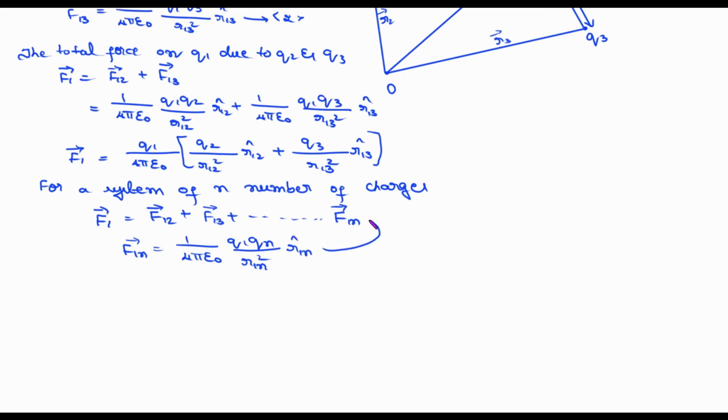So F1 is equal to, again Q1 divided by 4 pi epsilon naught is common, and I'll write the remaining: Q2 divided by R12 square R12 cap plus Q3 divided by R13 square R13 cap plus etc.